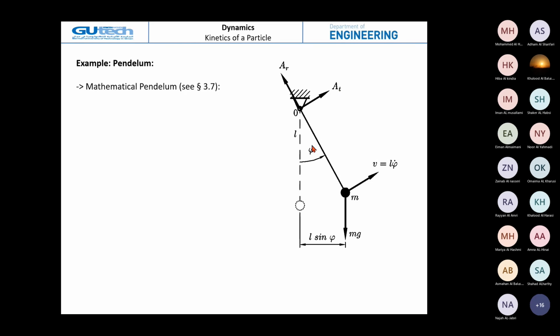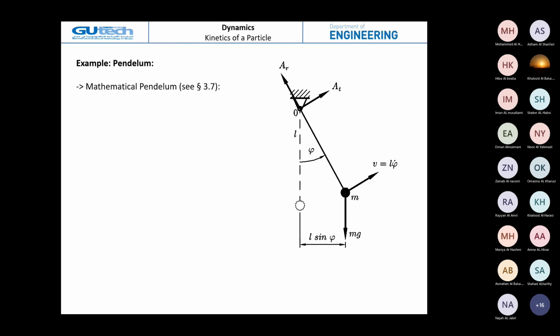Now we have the length of this rod OM, which is L, and the pendulum moves according to this angle phi. We have the component of the velocity along e_t or the phi direction, the circumferential one. This is only l phi dot.